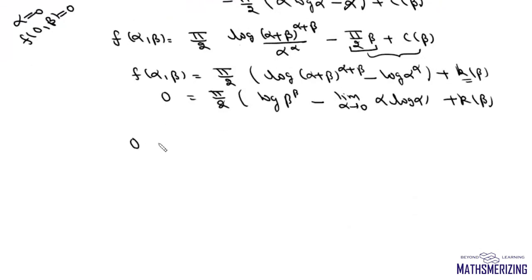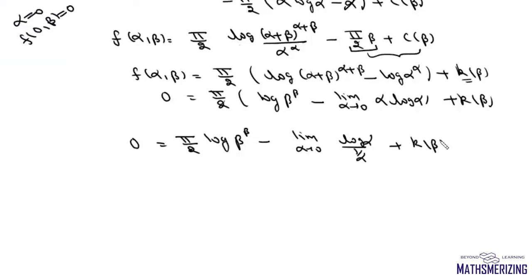So this is 0 equals pi by 2 log beta to the power beta, and then minus, we can write this as limit alpha tends to 0 of log alpha upon 1 upon alpha, plus k beta.